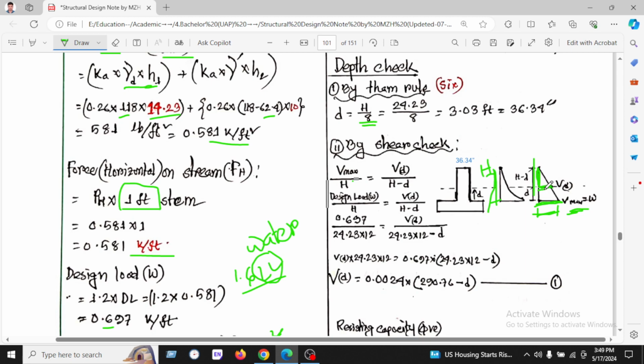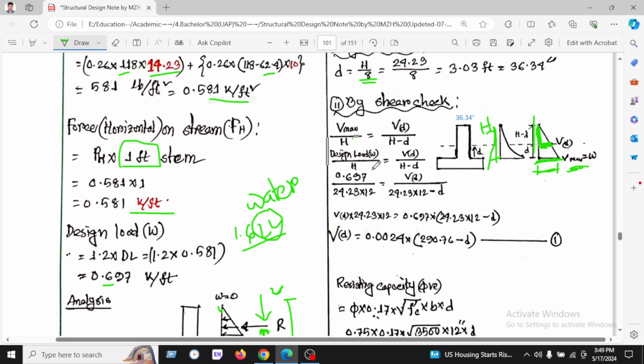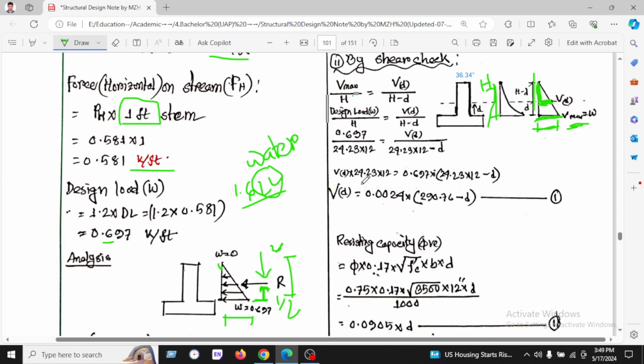When we take the smaller horizontal distance, then we will take the small horizontal. This is the only similar triangle formula we have used. Here V max is the design load 0.637, and Vd is here, and we have put in the value and found this calculation.